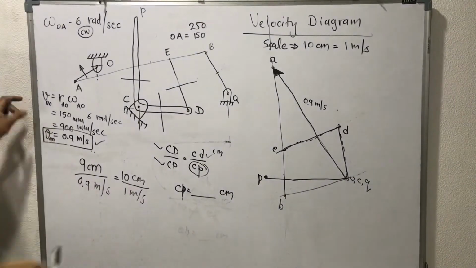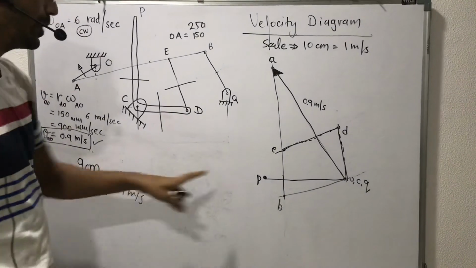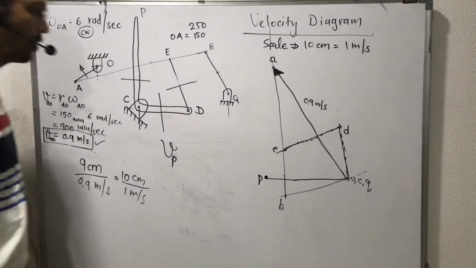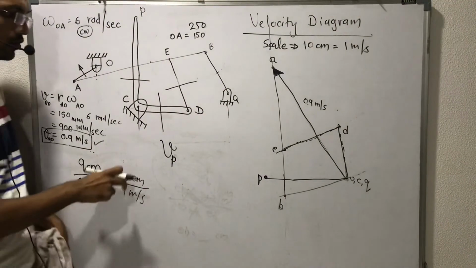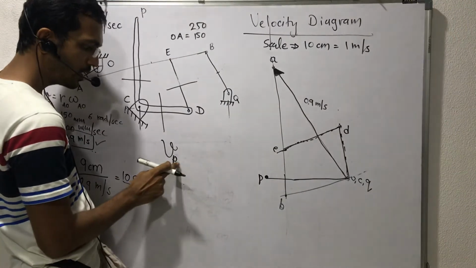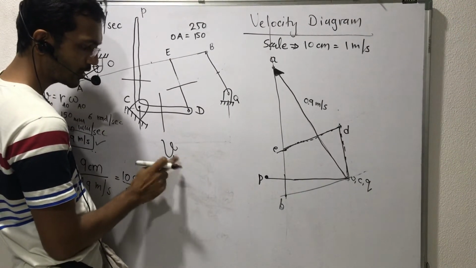Now in the question it is required to find the velocity at point P. So what is the symbol of velocity at point P? With respect to what? It is not given, so that is called absolute velocity. The velocity of point P with respect to something not given means with respect to a fixed point, because it is absolute.